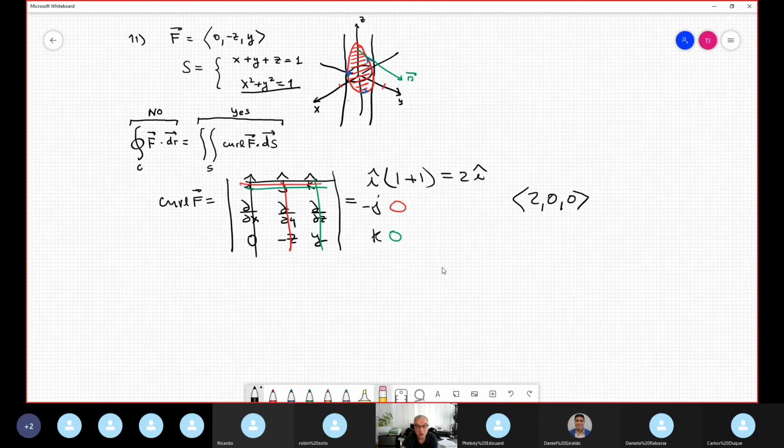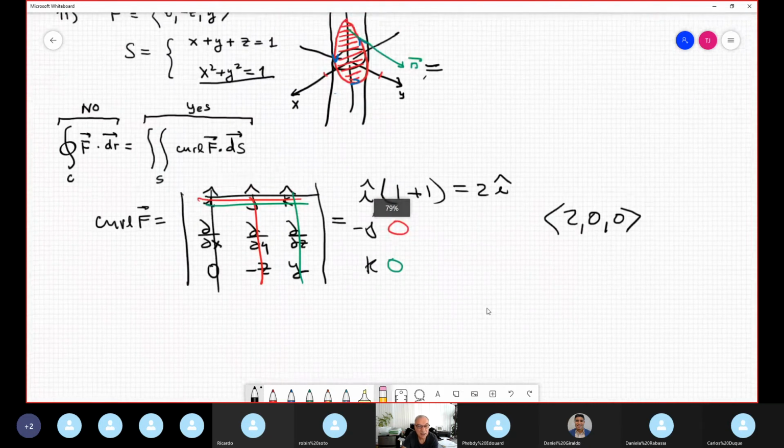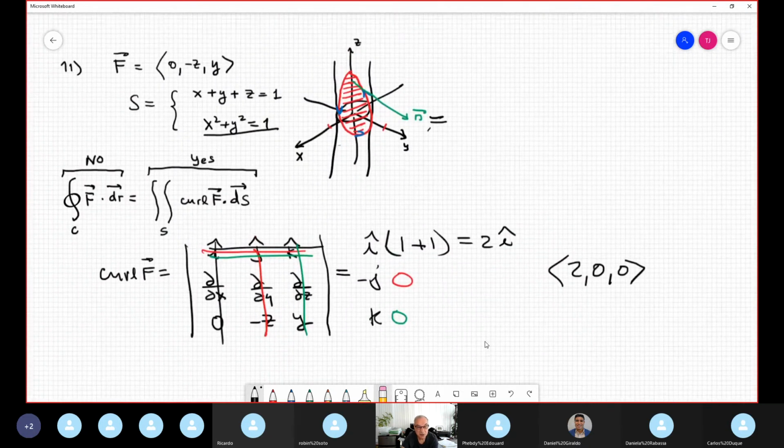See this guy. Who is this guy? Well, this guy is easy because, remember how you find the normal vector for the plane, it is the coefficients, no? The coefficients 1, 1, 1 in this case. Pero this is not the unit normal vector.